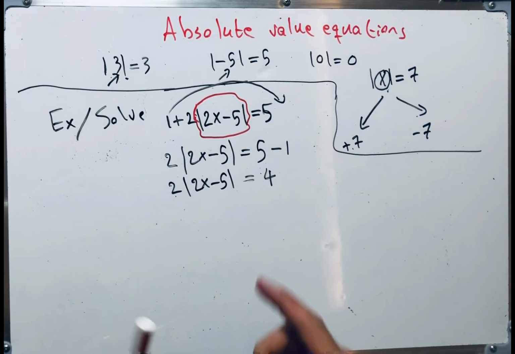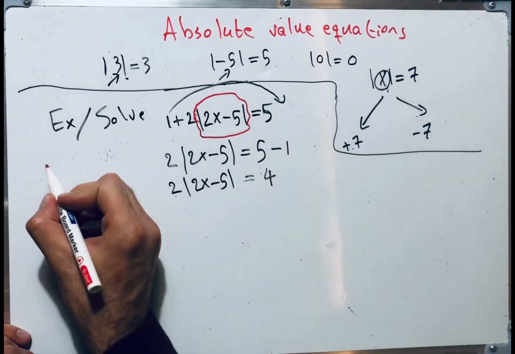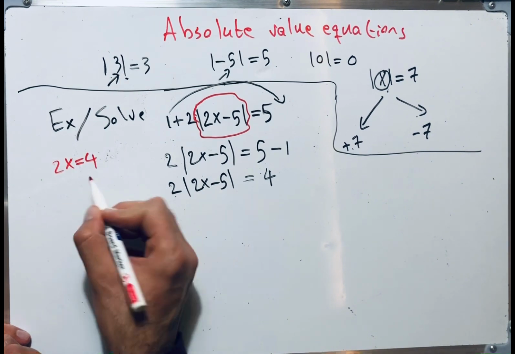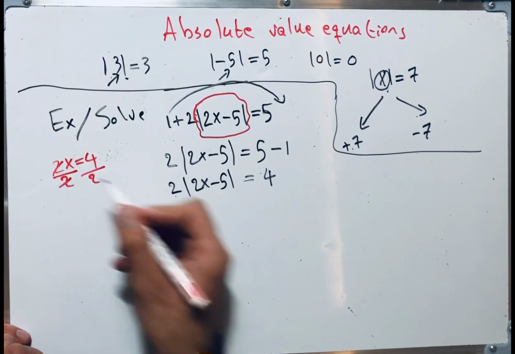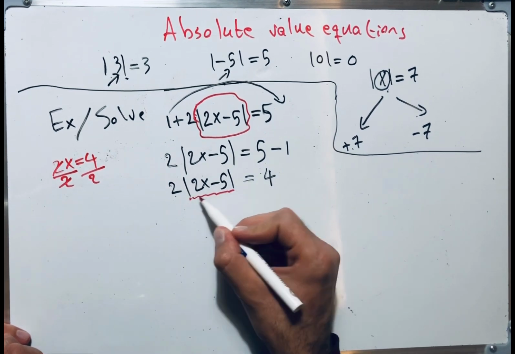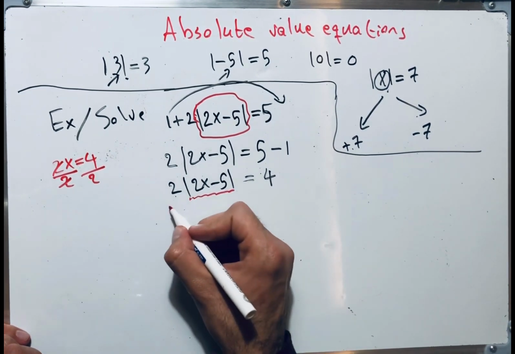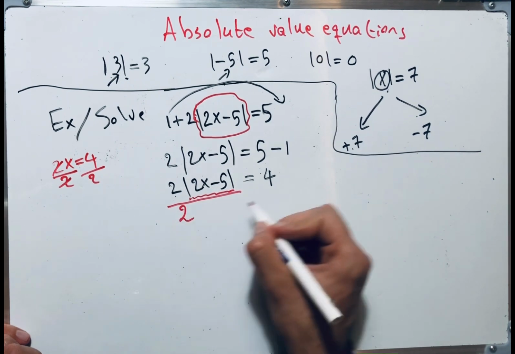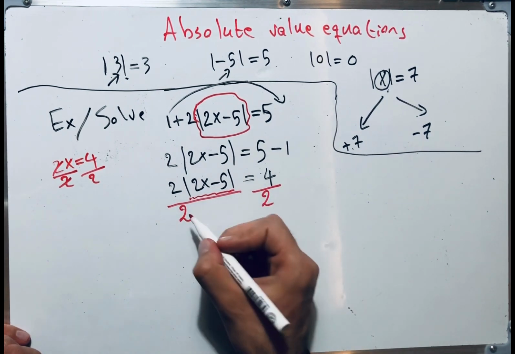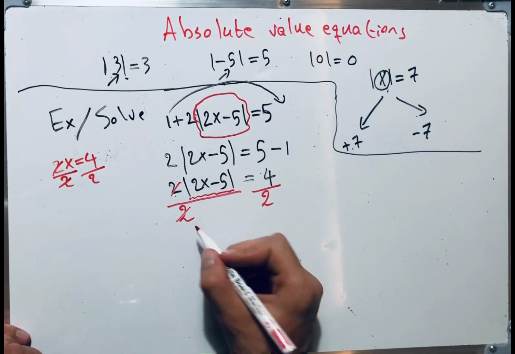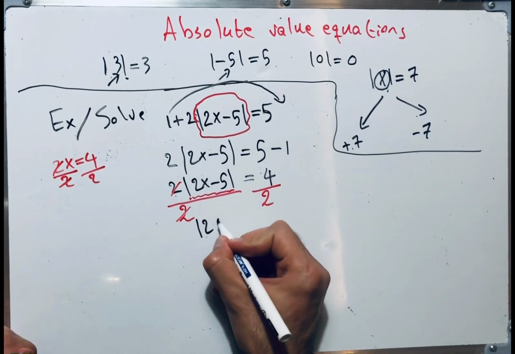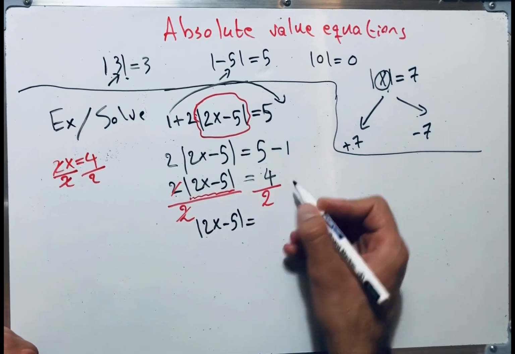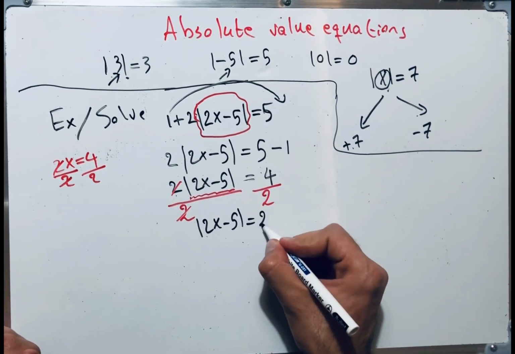As we said, if this was 2x equal to 4, in this step you would divide by 2 so that you get x. So the same thing, think about this as one variable. As a result, you should divide both sides by 2. These two cancel, so we're left with the absolute value of 2x minus 5. Dividing 4 by 2 is obviously 2.